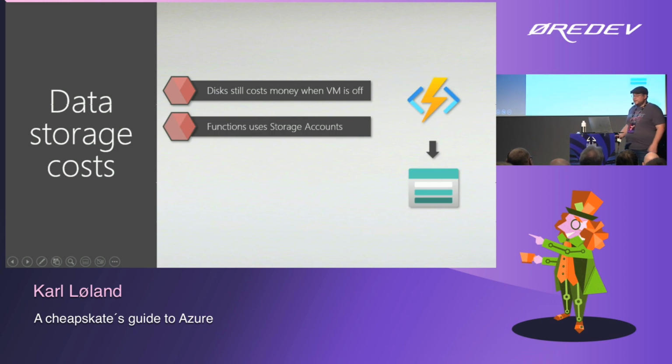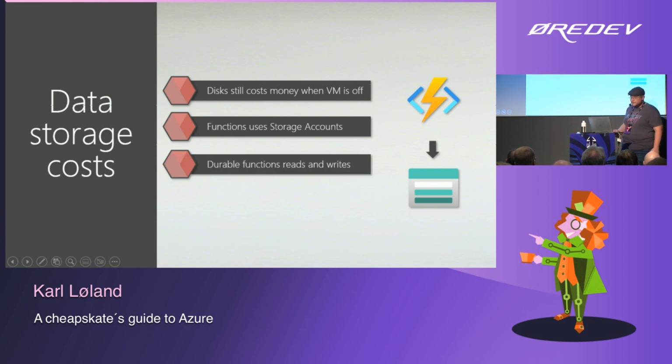Another one is that Azure Functions use a storage account to store both data and code. For normal stateless functions, these costs can be very much neglected. But for durable functions, these costs are often many times larger.